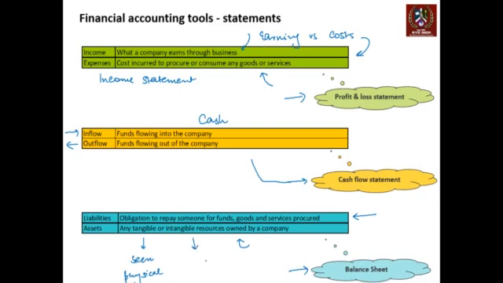Intangible is what may not be seen. For example, a brand value. Or for example, a company may have patents or licenses. Take for example, a telecom company like Airtel, which will have licenses. Now, these licenses are not physical assets, but they own these licenses. That's an intangible resource, right?